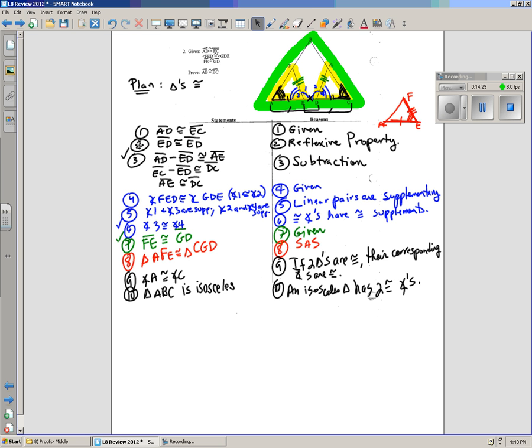Here we go. Since the big green triangle is isosceles, we know across from the equal angles, we will find equal sides.